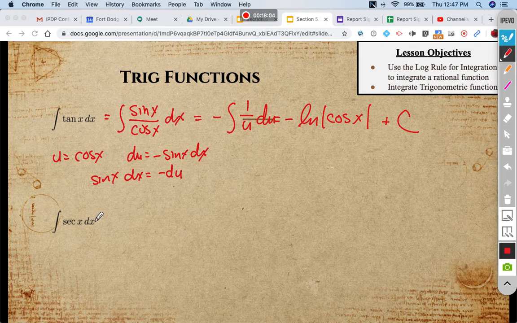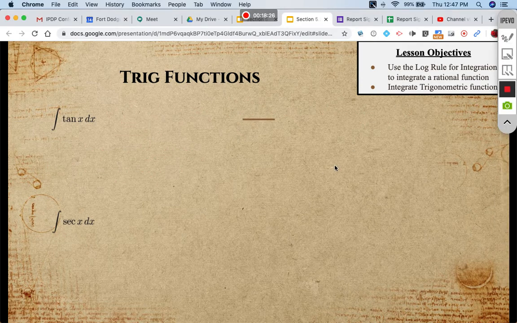Secant isn't as nice. Secant is, if we could rewrite this as 1 over cosine. But again, it's 1 over a function, and we don't have the derivative. It's not u prime over u, so this doesn't help us at all. So we're going to do one of these tricks that who knows how you could come up with this on your own.